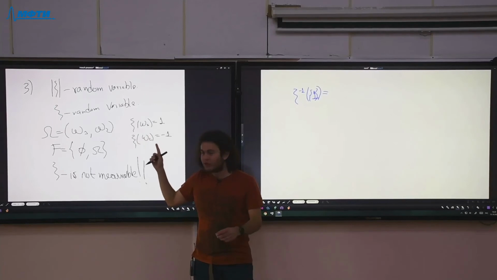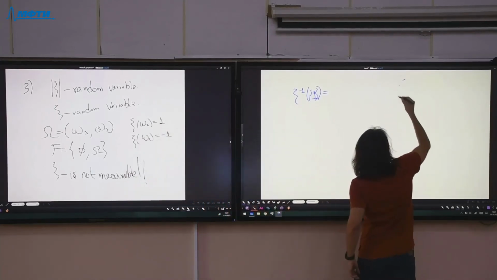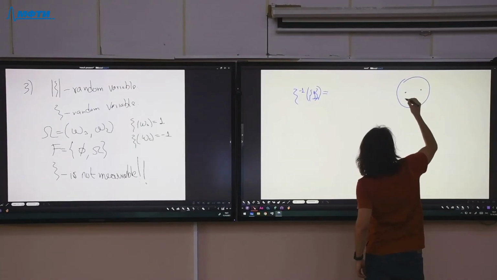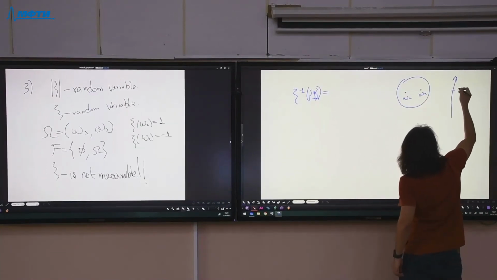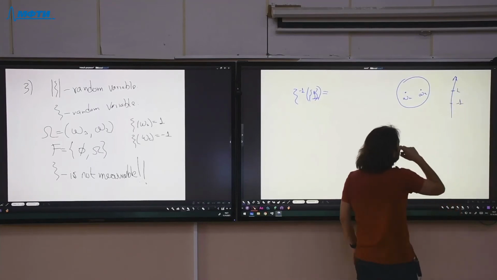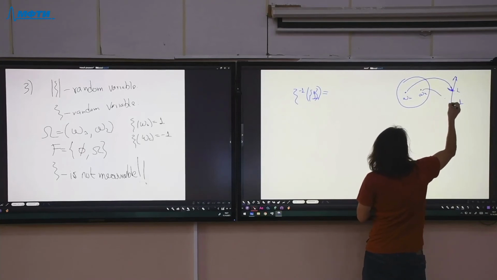We have only two elements, omega 1 and omega 2, and we have the real line, but we have only 1 and minus 1, and this is psi.